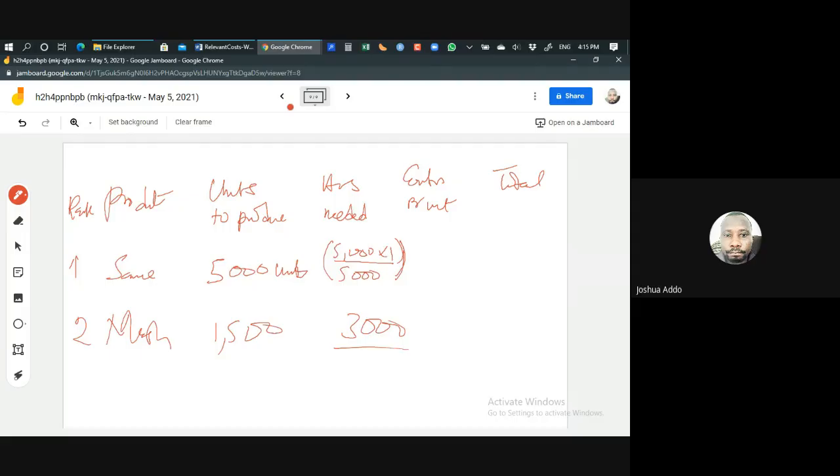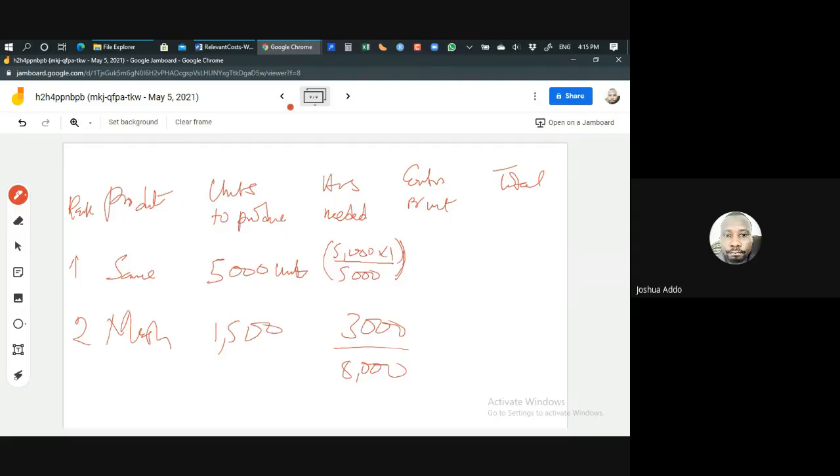Then the total hours here will be 8,000, as we had. So this is the production plan according to this decision framework that maximizes profitability, maximizes contribution. And so we can go ahead and calculate the associated contribution and profitability as well.